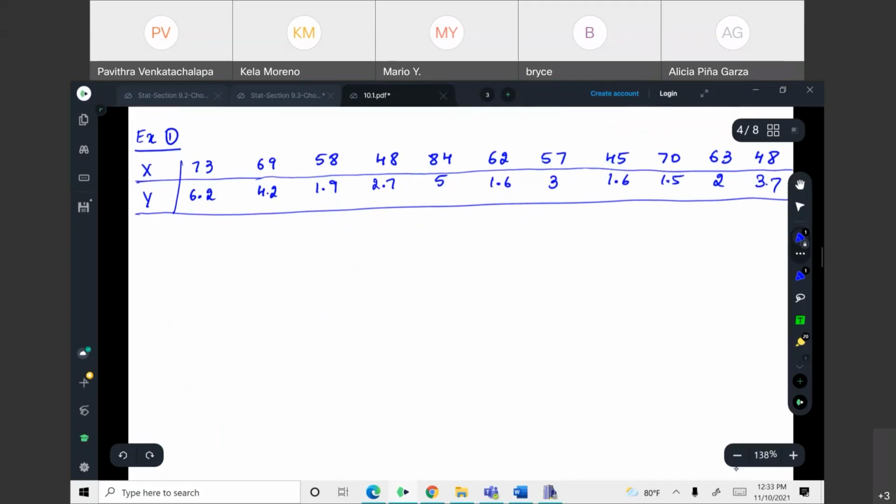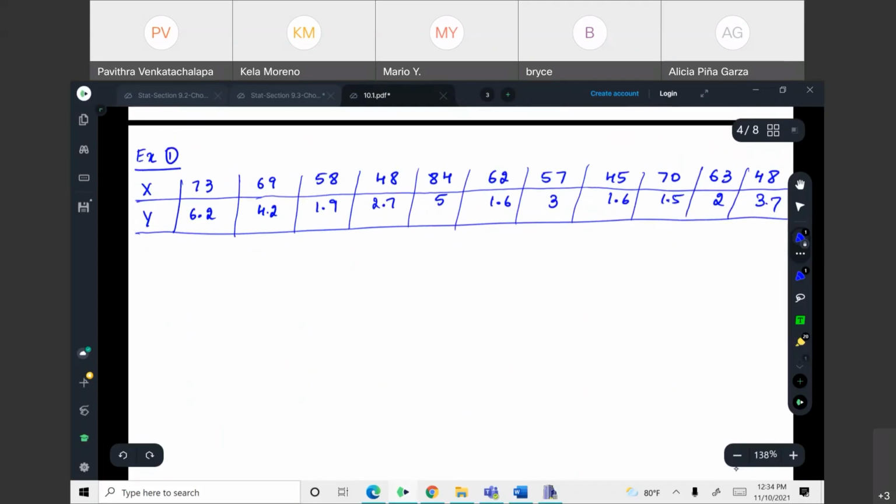Okay, so this is your x and y. Let us do hypothesis testing for this.